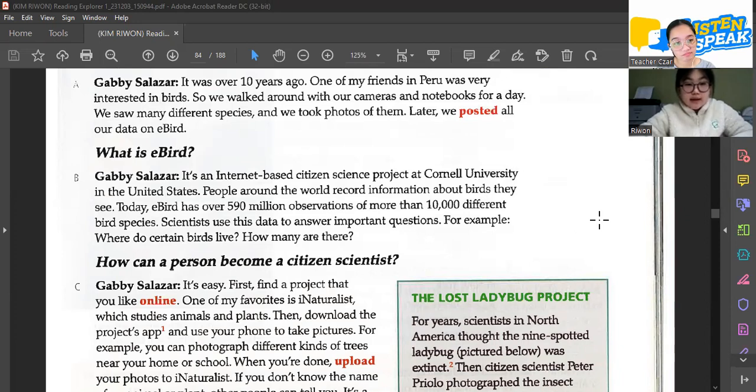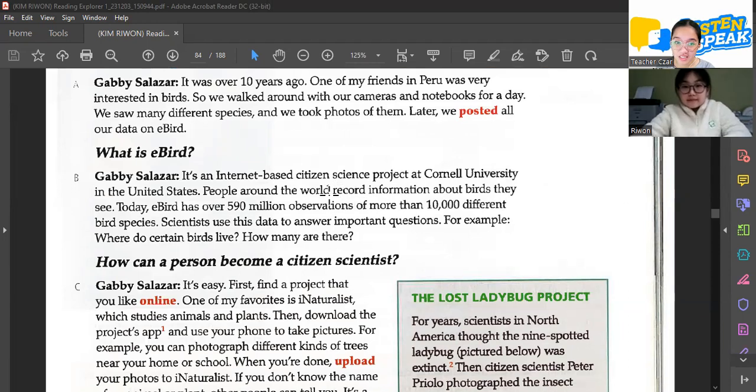Today, eBird has over 590 million observations of more than 10,000 different bird species. Scientists use this data to answer important questions. For example, where do certain birds live? How many are there?